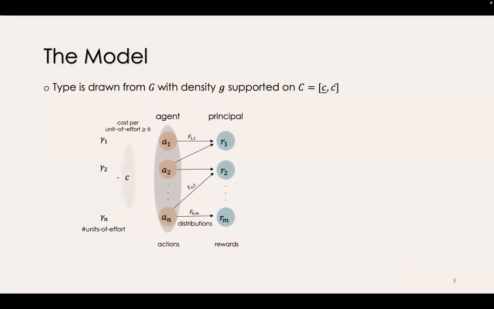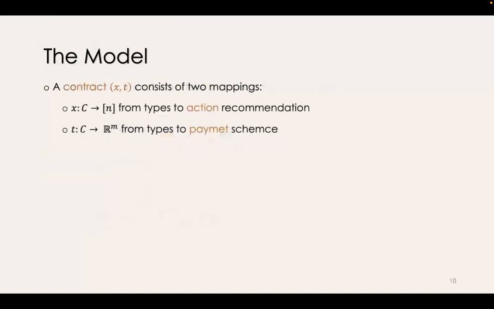We assume that types are drawn from a publicly known distribution G supported on c underline to c bar. And as I mentioned earlier, to influence the agent's action, the principal sets forth a contract, which is a payment for every outcome. Since the agent can have different types, we allow the contract to depend on those types. So it is going to consist of two mappings.